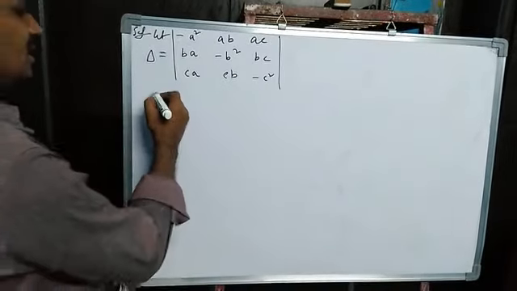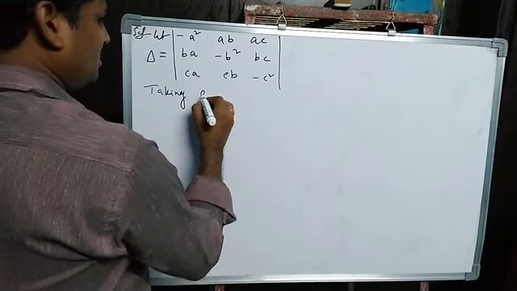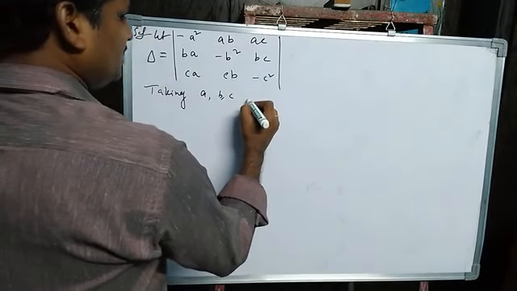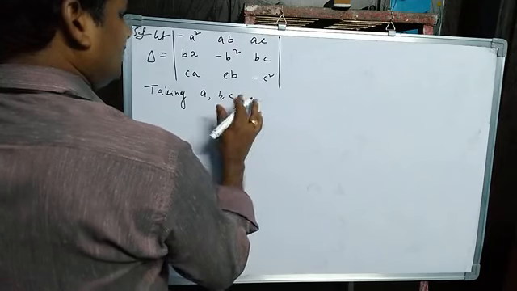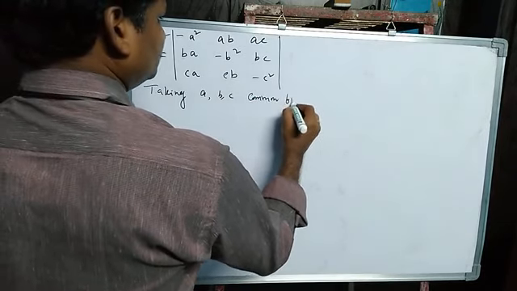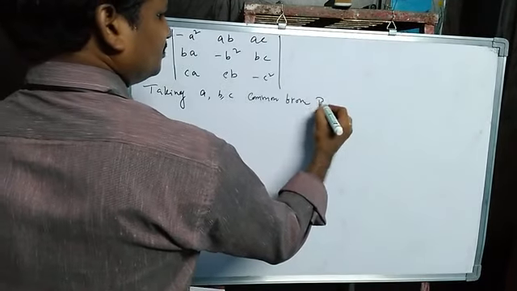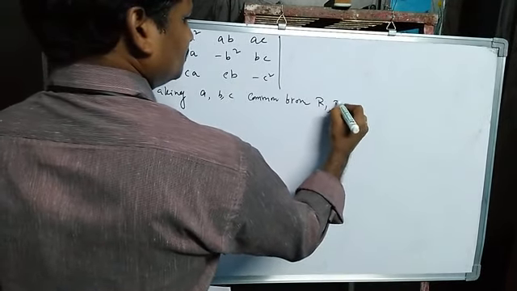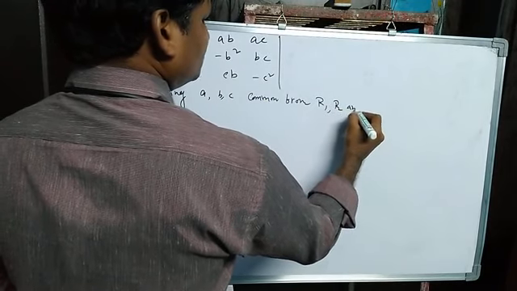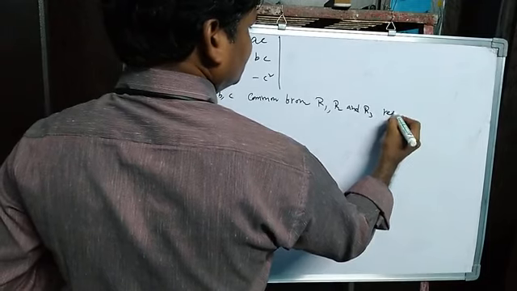So now what I am doing here: taking A, B, C common from R1, R2, R3 respectively.